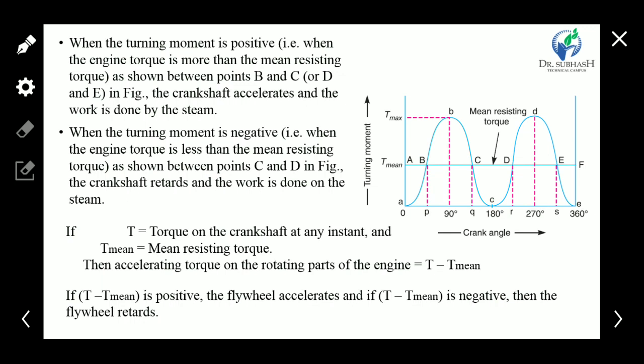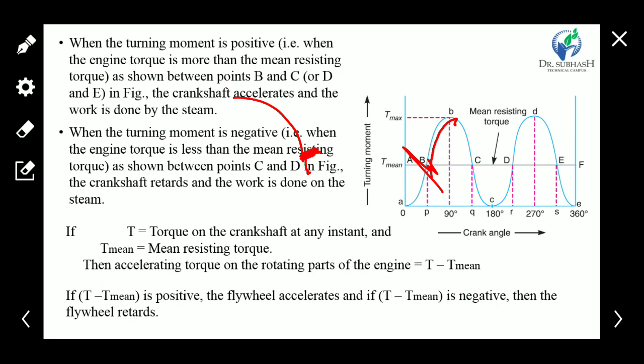So in this period, what happens when the crank rotates from 0? At that time the power stroke starts, and when the crank reaches 90 degrees, the maximum torque is generated.